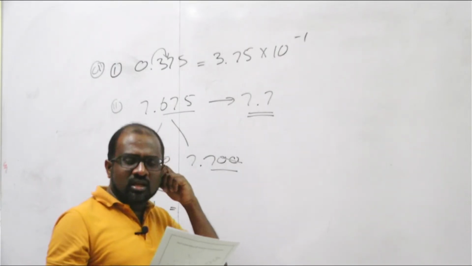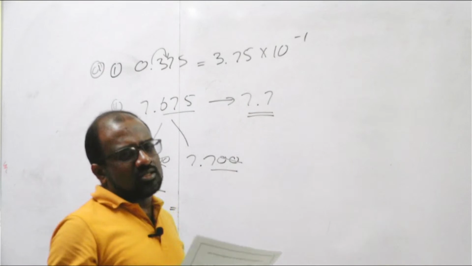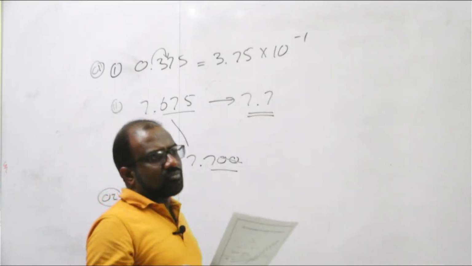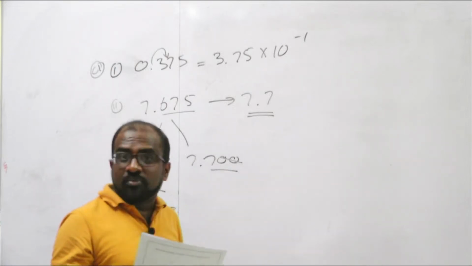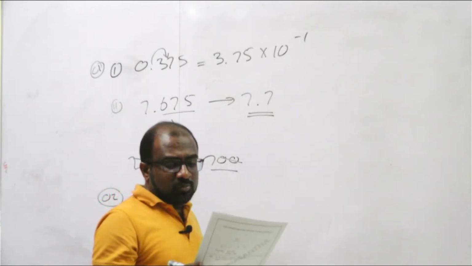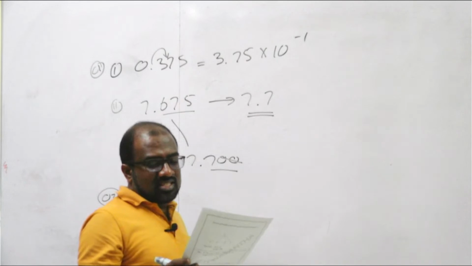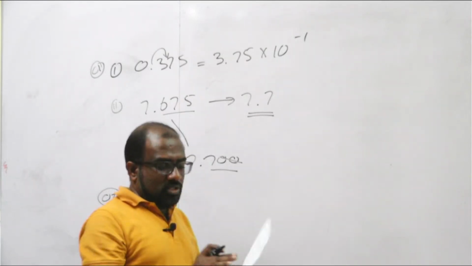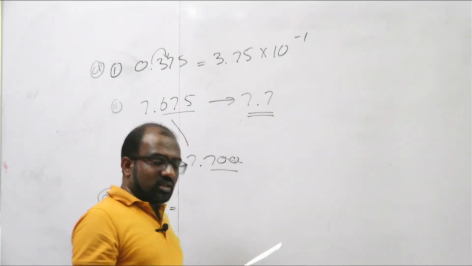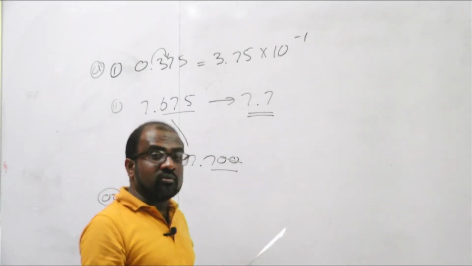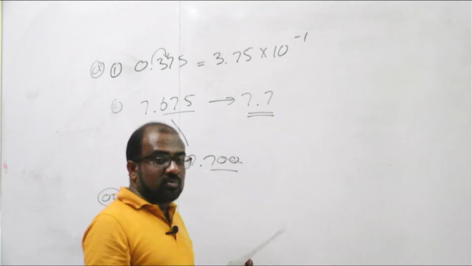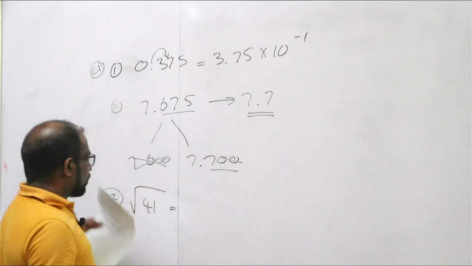For example, if the answer is 6.35, then 6.3 or 6.4 would both be accepted. But here this is given as an MCQ with 4 possible answers. Therefore, we have to find the correct approximation.